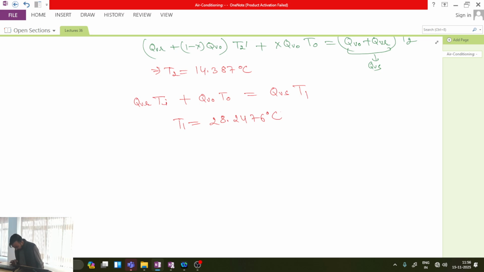Now can you calculate the other remaining things? Whenever we calculate the enthalpy, 0 degree Celsius is considered the reference state. If you recall, when we started the introduction to psychrometry, we defined the reference state as 0 degrees.